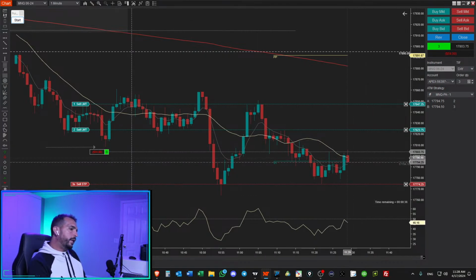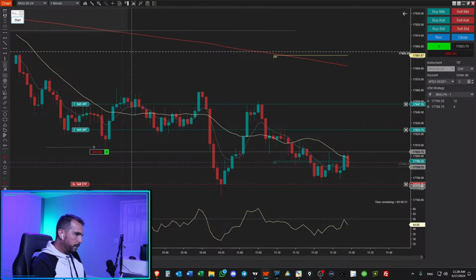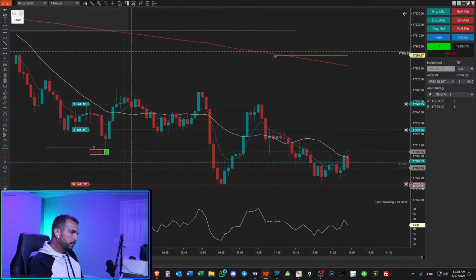We should have had to wait a little bit this candle, and then now put the order. I think we should have had to wait just a tiny bit, because look at that candle. We have a lot of cushion.